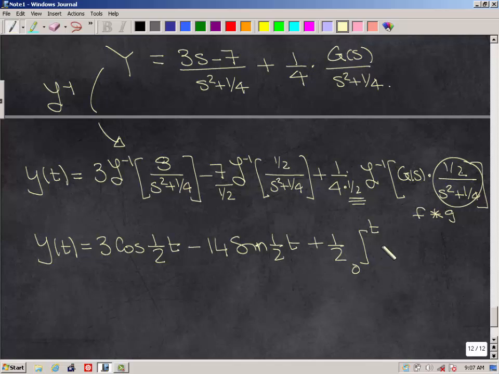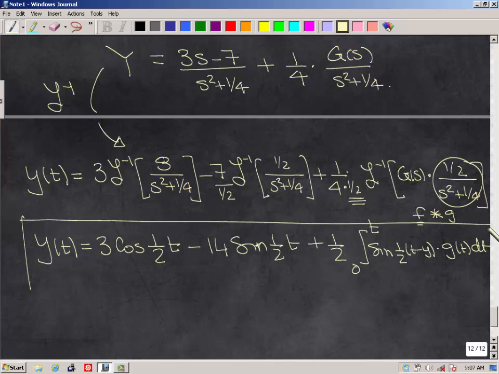What is the inverse Laplace of this? It'll be sine of 1/2 t. So we get sine of 1/2 t, but f is shifted, so it'll be t minus y times g of t dt. So there is your answer.